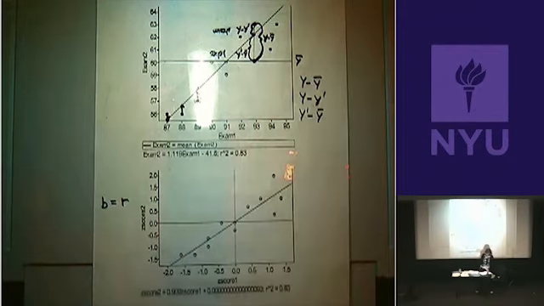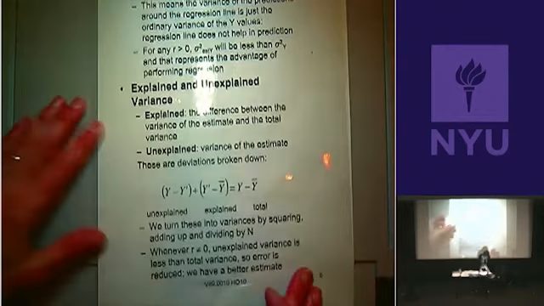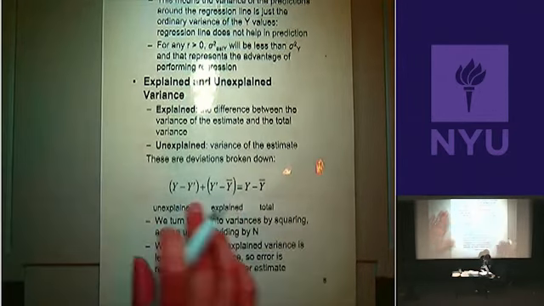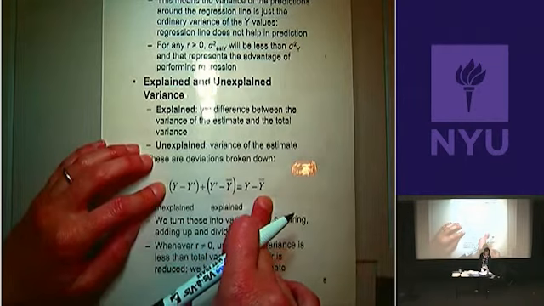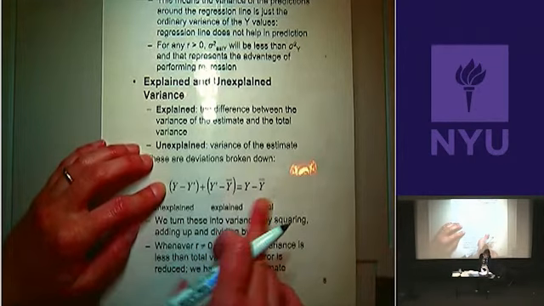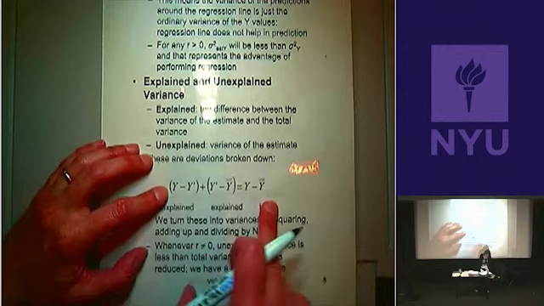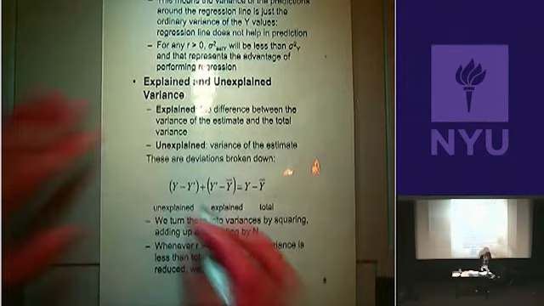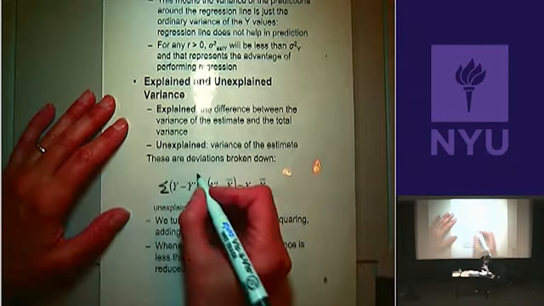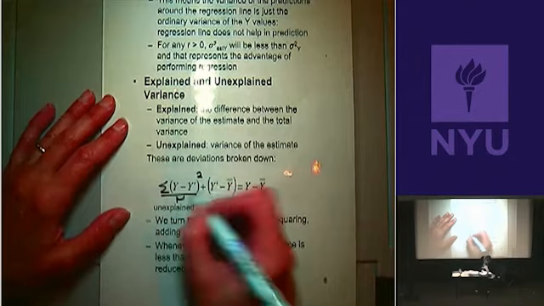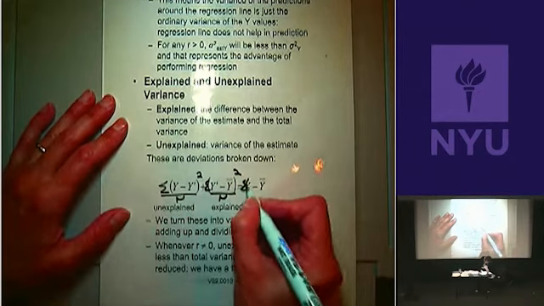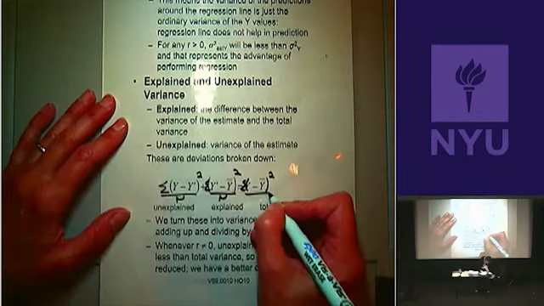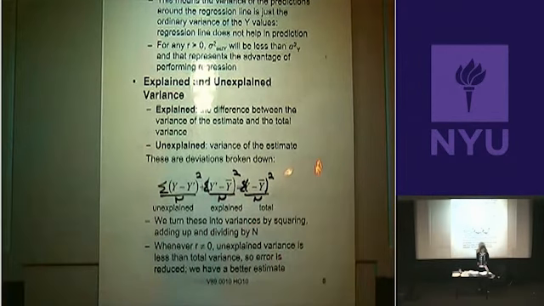Let's take a look back at this one. This is if you just took 1 point, and you could do it with the numbers. You could just take 1 point and see that your unexplained and your explained add up to your total. But if you did this for all of these terms, they're just variances.